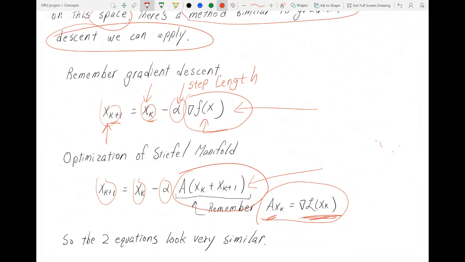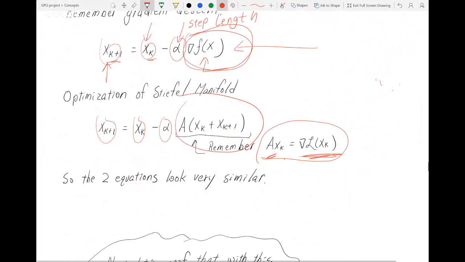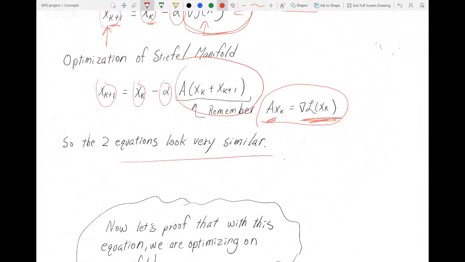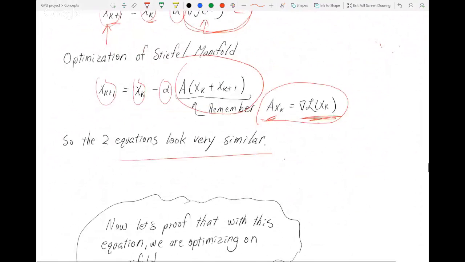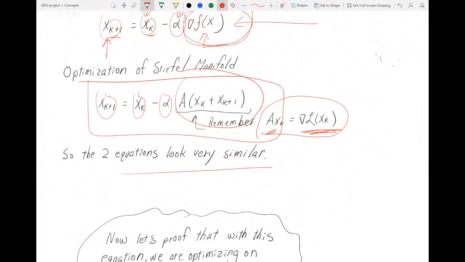I think it would require another lecture separately just to explain the geometry of this. But for now, just treat it like it's similar to gradient descent, and you can think of this as the gradient, very similar to the gradient. So the two equations look very similar. Now, we can just stop here, and you can literally just use this function until it converges.